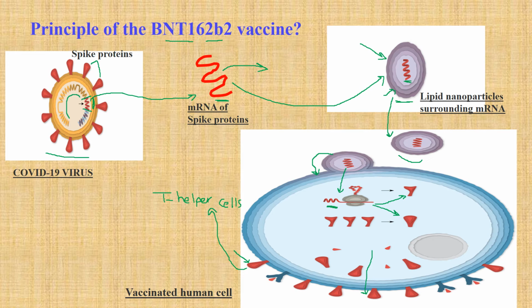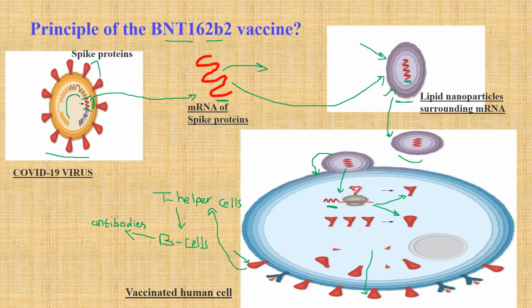These T helper cells will then activate another type of cells known as the B cells or B lymphocytes. These B cells are the ones that will produce antibodies against the COVID-19 virus, because they recognize the spike proteins that were shown to the T helper cells.